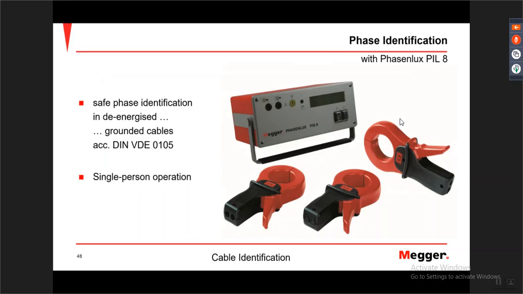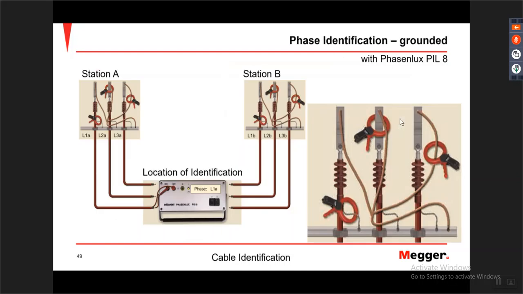The P8: phase identification on de-energized grounded cables, a single person operation. You have a generator and receivers. You will set the generator up onto a cable, and the cable that is connected, the far end will have a coil which has its own unique signal: L1A, L2A, L3A, L1B, L2B, L3B.